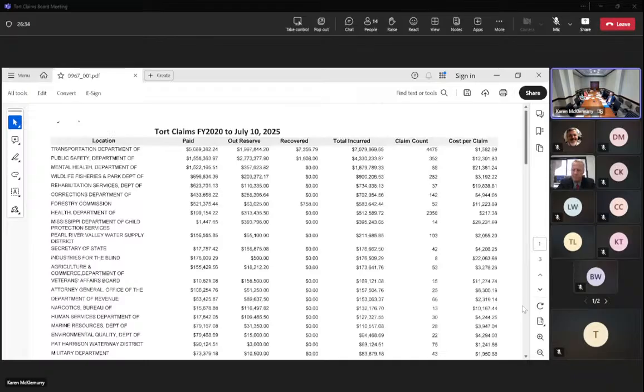Before you go on to that, I'd like to say just a little bit about the claims, if I may. Sure, absolutely. I was looking at it too in advance of the call, and to give some additional color, the Department of Transportation is consistently about 75%, about 3 out of every 4 of your claims by number, coming from MDOT.